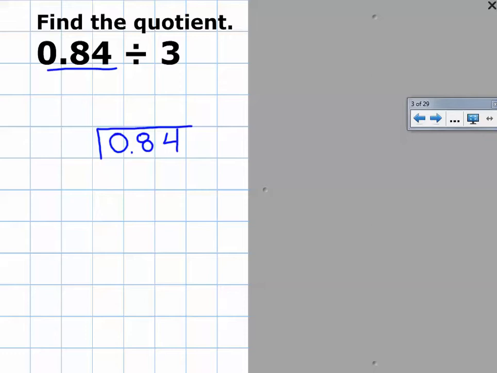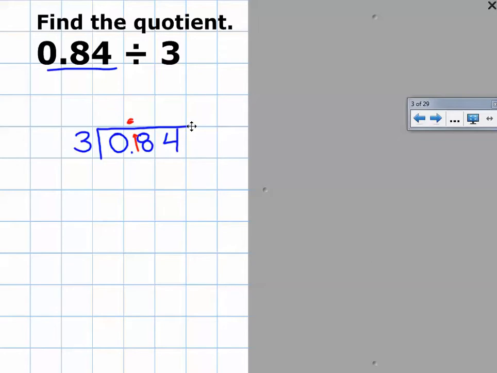That number is going to go in the house. My second number is going to go outside of the house. That's my divisor. So you should have it rewritten like this. From here, step 2 says to bring the decimal point directly up into the quotient. So I'm going to take my decimal point and bring it straight up there. My smartboard's a little off-centered, but you guys get where it goes, about right there.